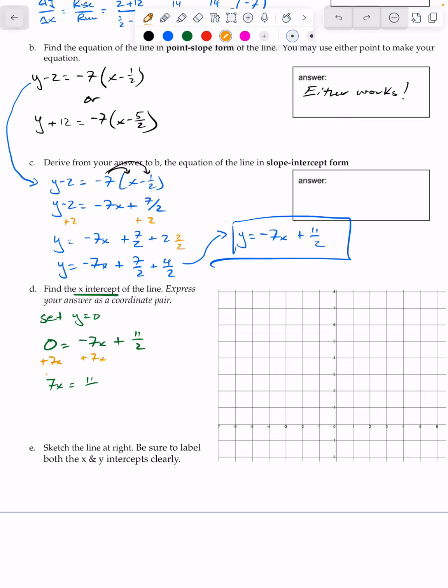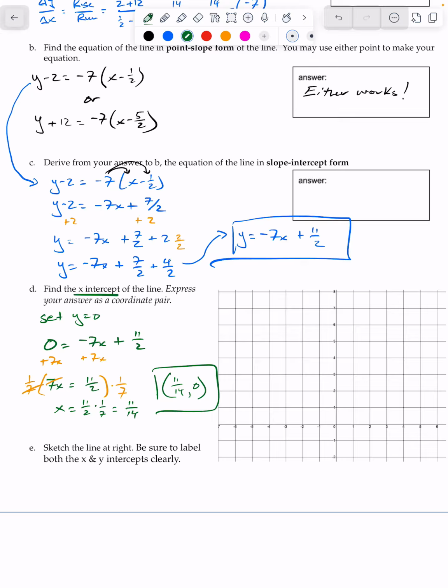And I am going to multiply both sides by 1 over 7 because it'll get rid of that 7, and I'll just have an x left on the left-hand side. 11 over 2 times 1 over 7 is 11 over 14. So our point is 11 over 14 comma 0.